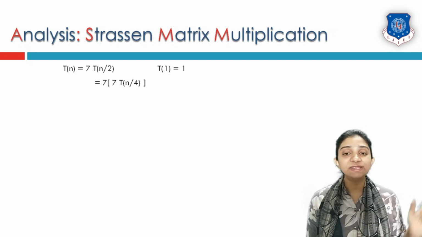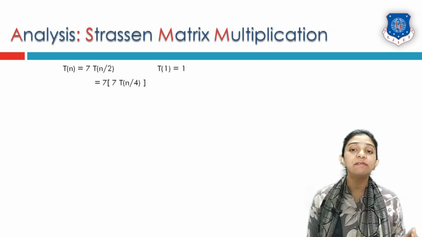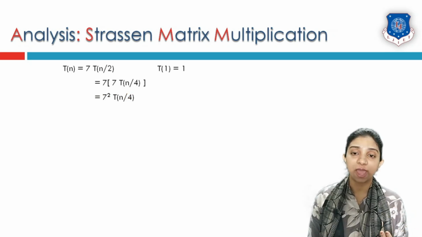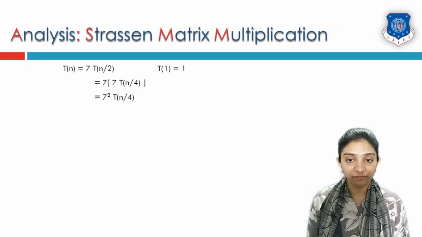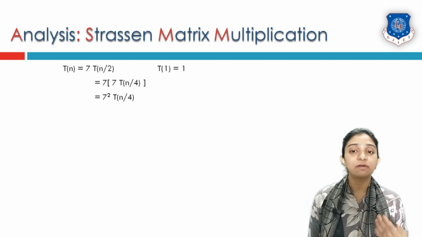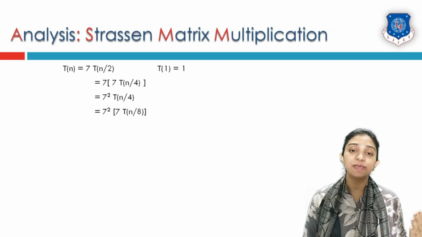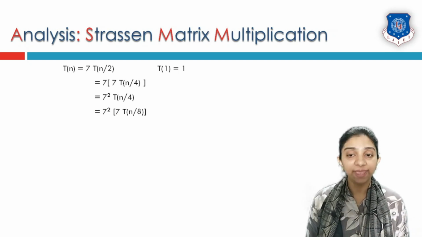So the complete term is 7 into 7 T of n by 4, which is 7 square T of n by 4. Now instead of T of n by 4, we will substitute 7 T of n by 8.